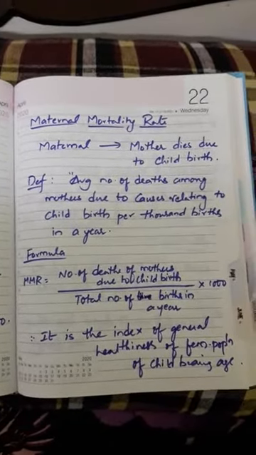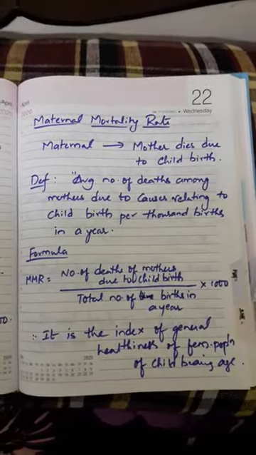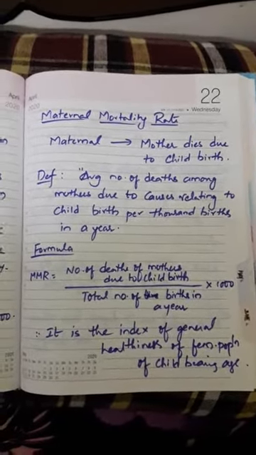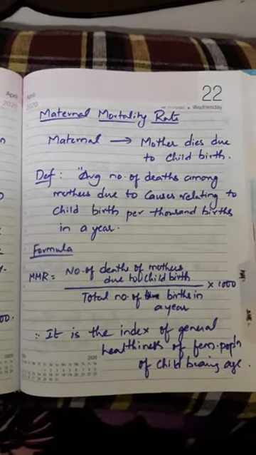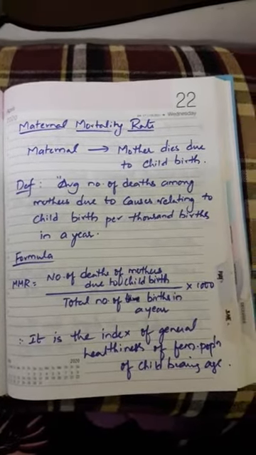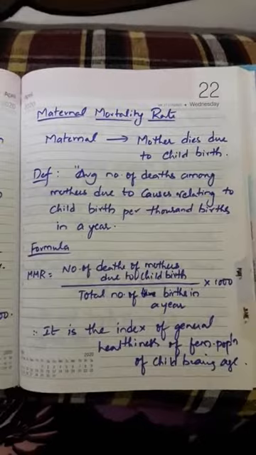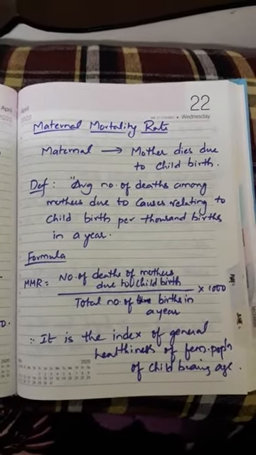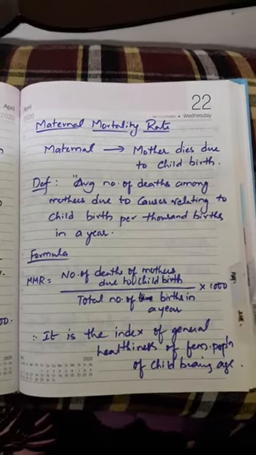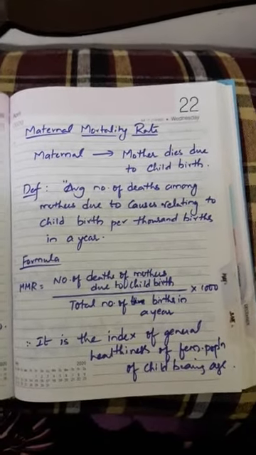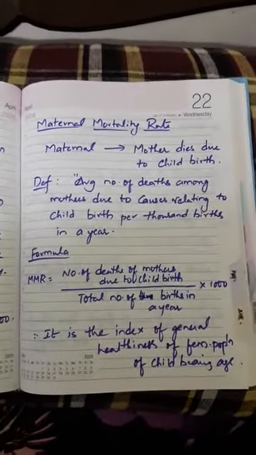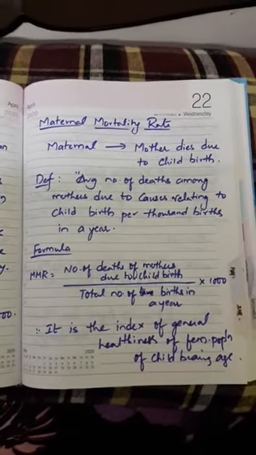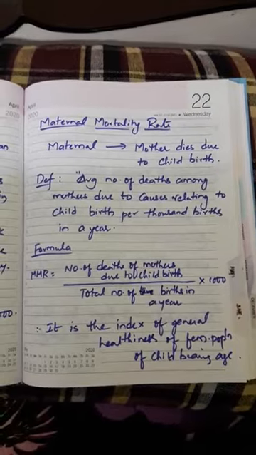Because when there is no female, the reproduction process will never happen, right? And then the population will never grow. Due to causes of death, the death rate will be reducing it. So this method is very much useful as an index of general healthiness of the female population of childbearing age, 15 to 49. So this is maternal mortality rate.